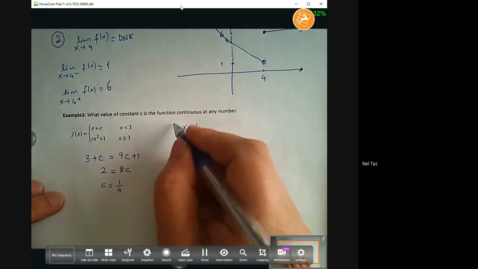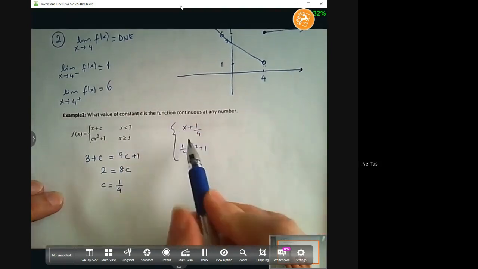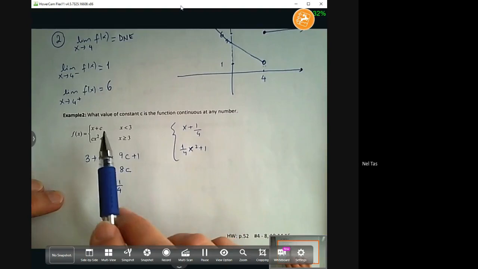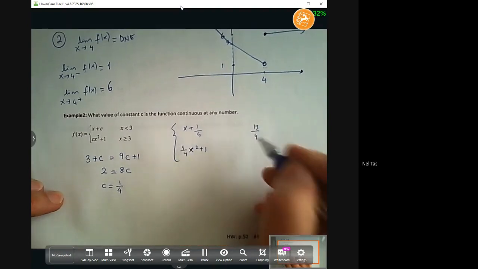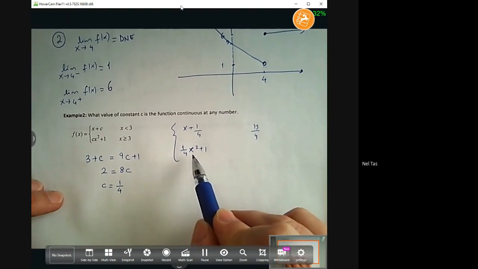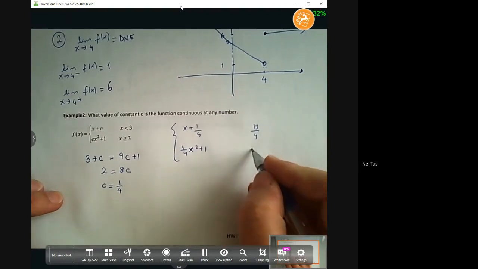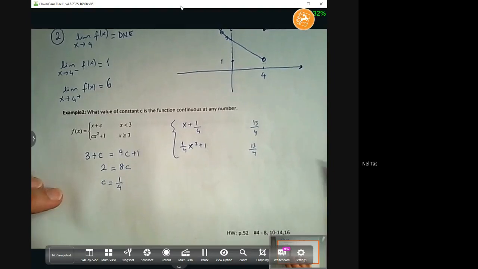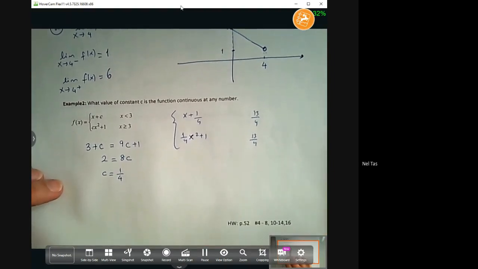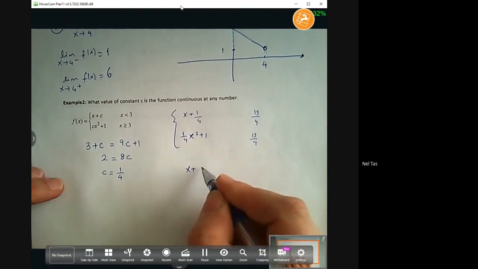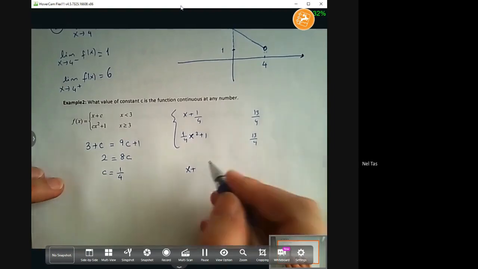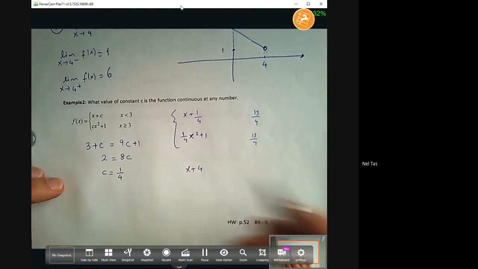So when c is 1 over 4, now those are the equations. You get the same y value, which means these two pieces are attached. When you substitute 3 here, you get 13 over 4. Substitute 3 there, 9 over 4 plus 1, also 13 over 4. So they have the same value. If c was something else, let's make it up, let's say it was 4.